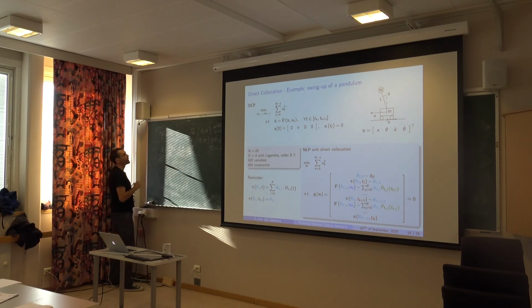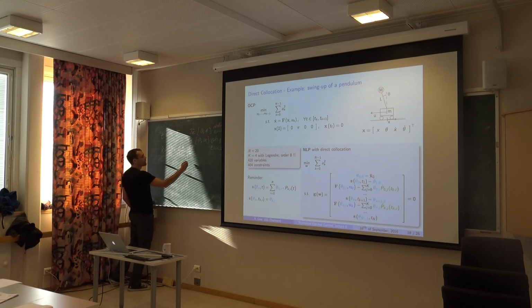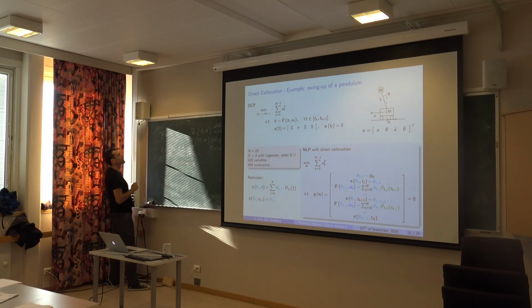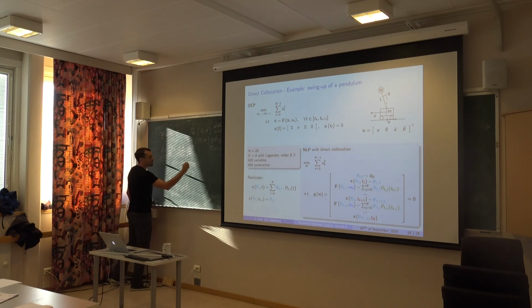And d tau over dt, that's going to be alpha to the minus 1, right? 1 over alpha. The other way around? Yeah, that should work, no? This is 1 divided by alpha. Yeah, it should be 1 over alpha.